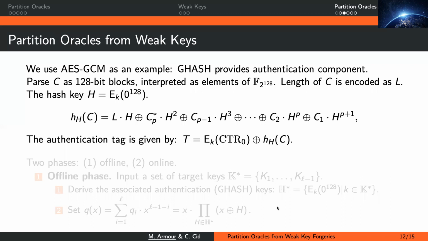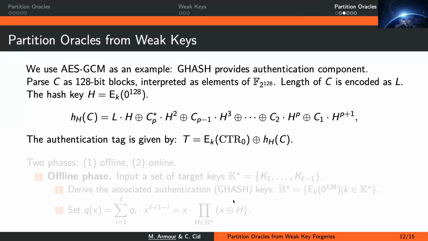So to calculate the authentication component, the tag, first parse C as 128-bit blocks, interpreted as elements of F_2^128, and then the length of C is going to be encoded as capital L. So first take the encryption key K, and you obtain the hash key by encrypting a block of all zeros.